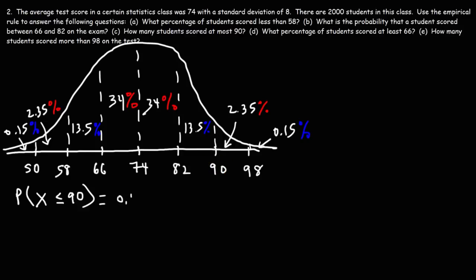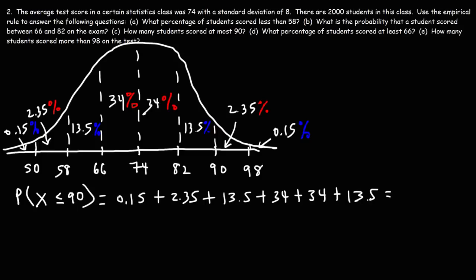So that's going to be 0.15 plus 2.35 plus 13.5 plus 34 plus 34, and then plus this one as well, 13.5. So the percentage that you should get is 97.5%. So this means that 97.5% of students scored at most 90.